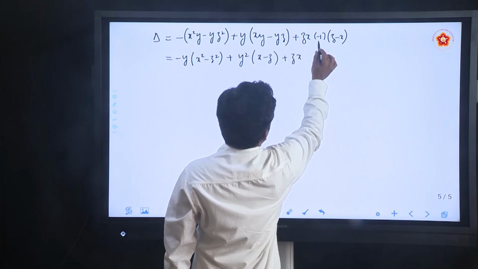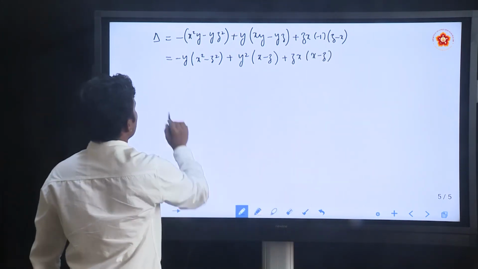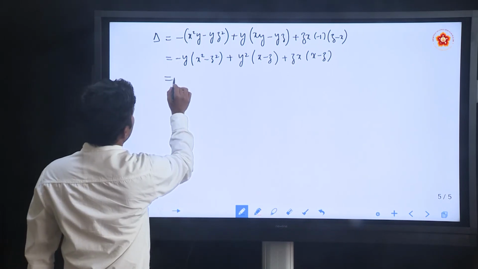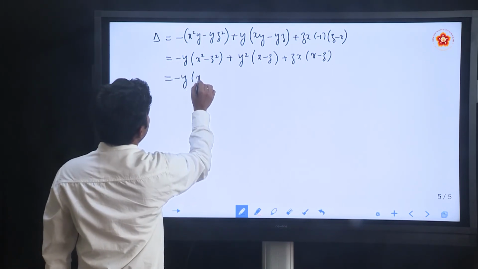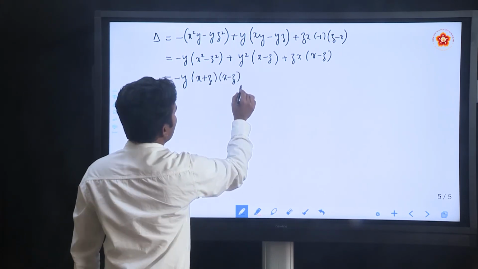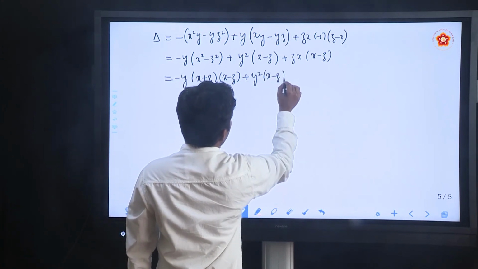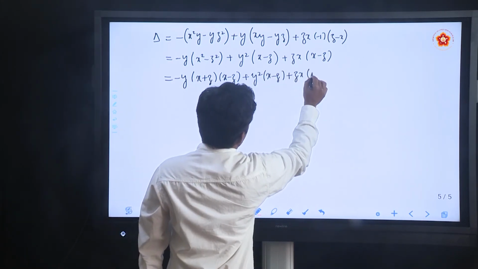If you multiply minus 1 to this, it will become x minus z. So, now what you can do is minus y x plus z into x minus z, plus y square into x minus z, plus zx into x minus z.